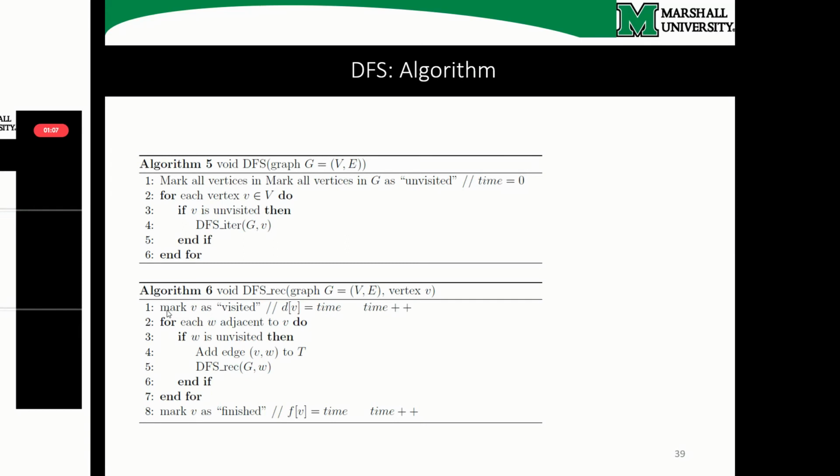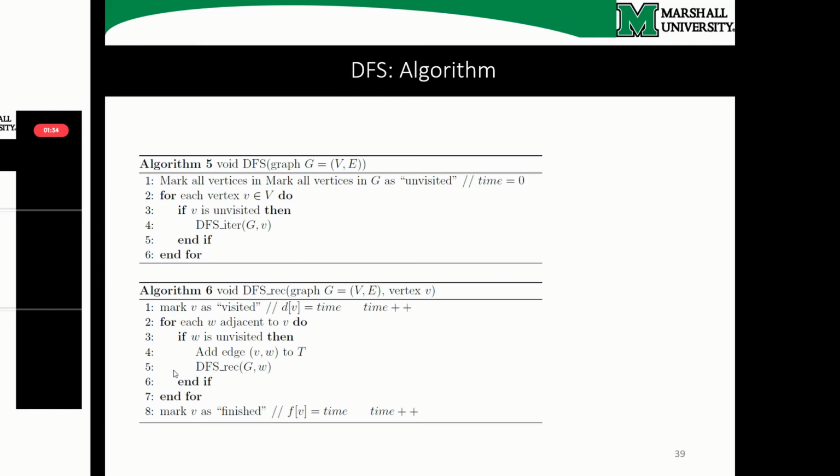What the second part of the DFS does, it marks the node as visited, then it will go through each of the adjacent nodes. If the adjacent node is unvisited, then we add the edge to the tree T and we recursively call the same function again from that vertex.